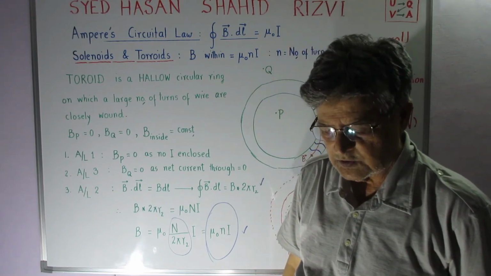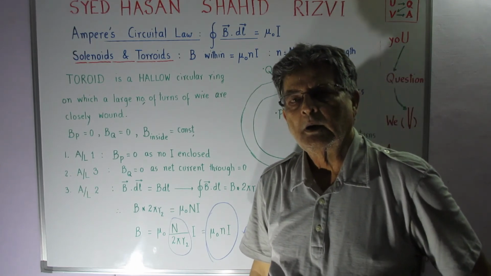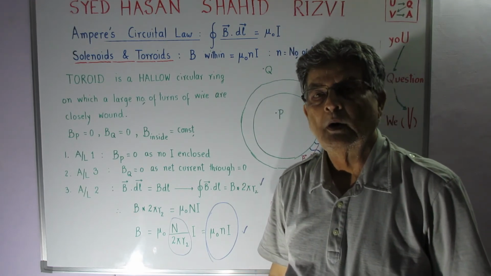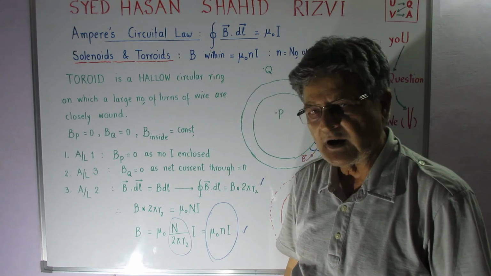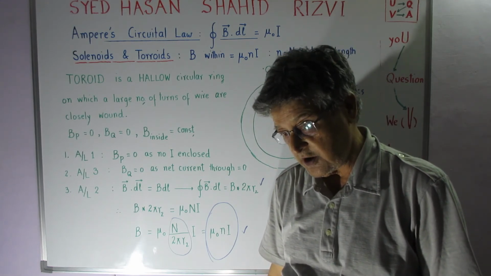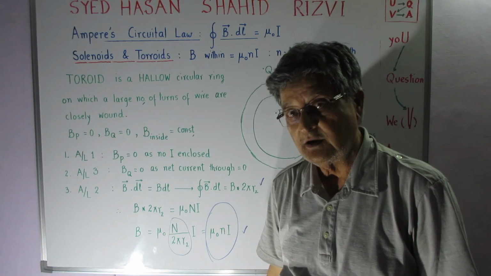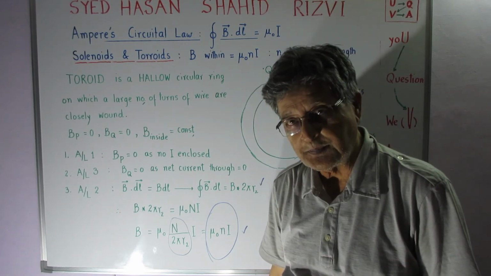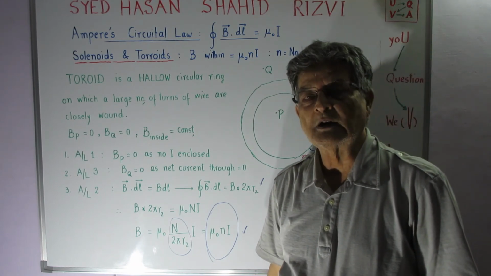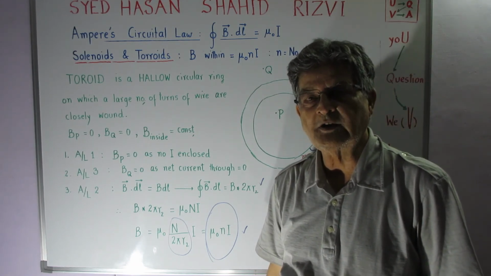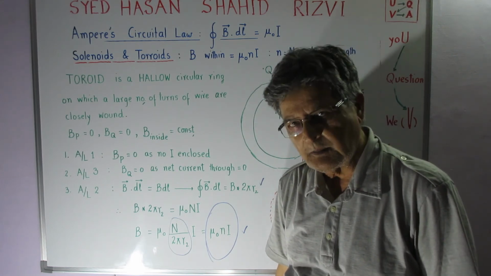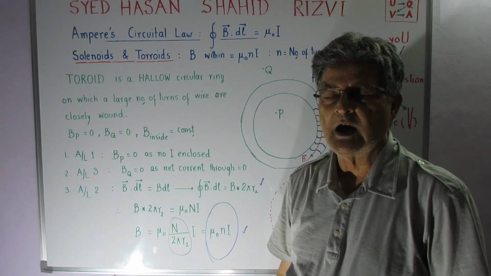Next, we'll talk about the force between two infinitely long conductors carrying current, and there we will define the basic property of the ampere, and what an ampere is in terms of measurable things like force. The fundamental unit of electricity is the ampere.